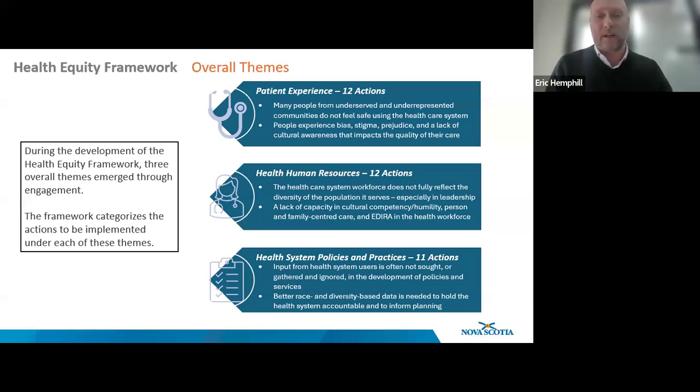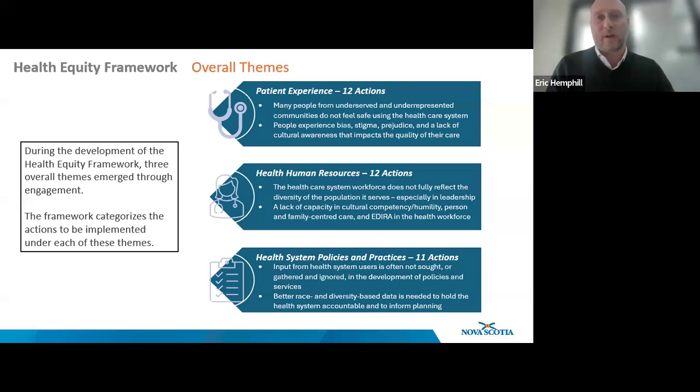So as I mentioned, I won't get into details in the interest of time, but certainly a lot of the actions specifically speak to some of those pieces around safety in that area, and also specifically what we need to do to address that. With respect to looking internally for health human resources, really key themes here around representation. We don't have a health system at any level, frankly, that really truly represents the communities that it serves.